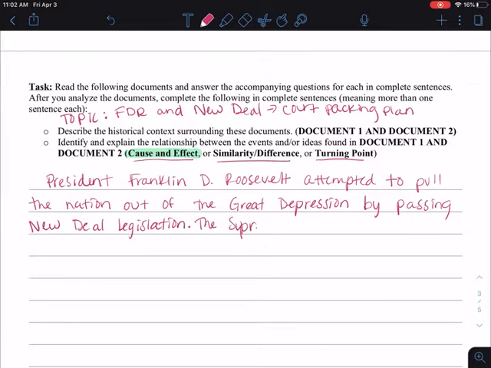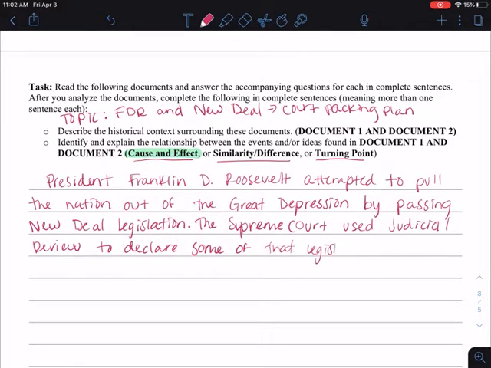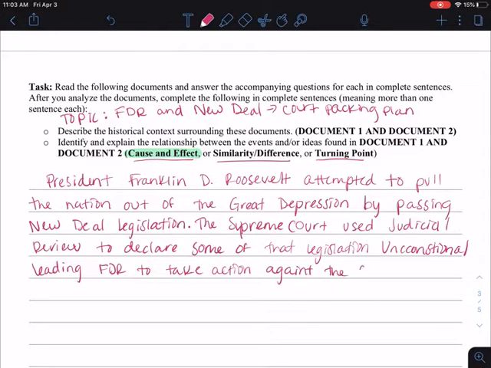The Supreme Court used judicial review to declare some of that legislation unconstitutional, leading FDR to take action against the court.